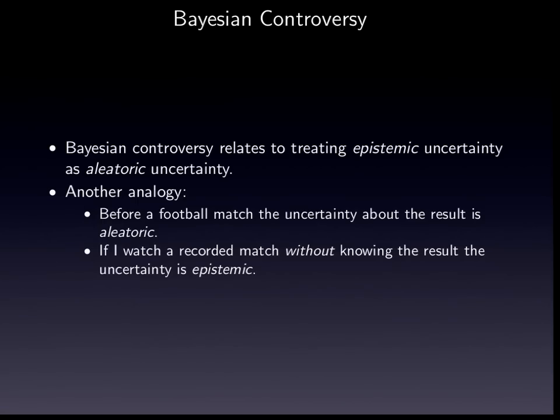The uncertainty over m and c is the epistemic part, because in principle, if you had infinite data, you could know m and c. And I tend to think of it from a modeling point of view: the epistemic part is the model uncertainty, our representation of the world, and the aleatoric part is the uncertainty in the bit of the world that we're ignoring. That's the way I tend to think of it, but the official definition is the other one.